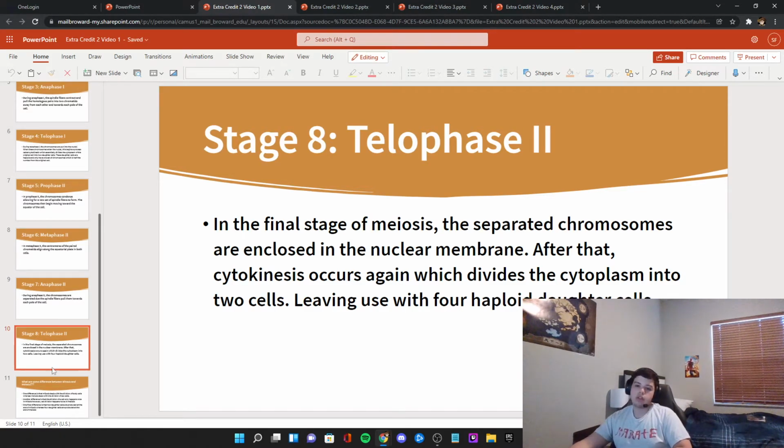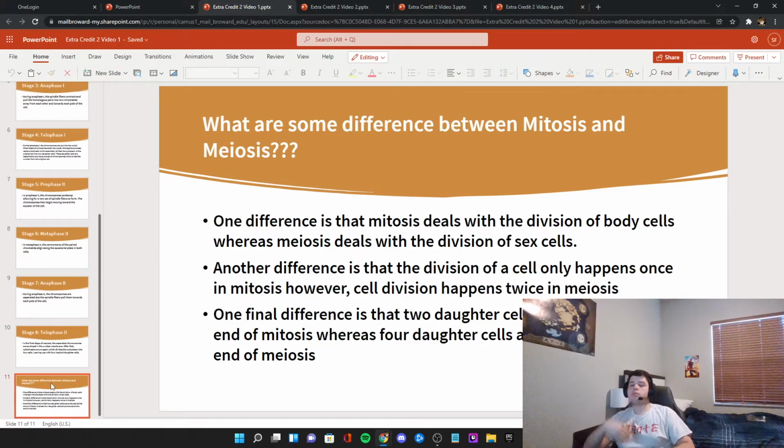Now let's talk about some differences between mitosis and meiosis. One difference is that mitosis deals with the division of body cells, whereas meiosis deals with the division of sex cells. Another difference is that the division of a cell only happens once in mitosis, but in meiosis it occurs twice.